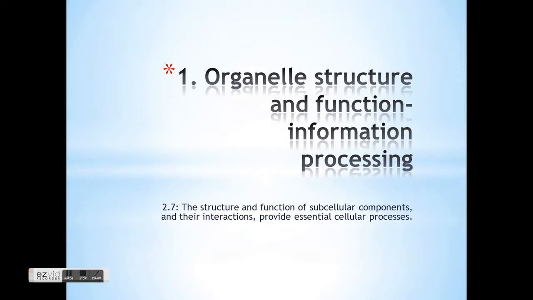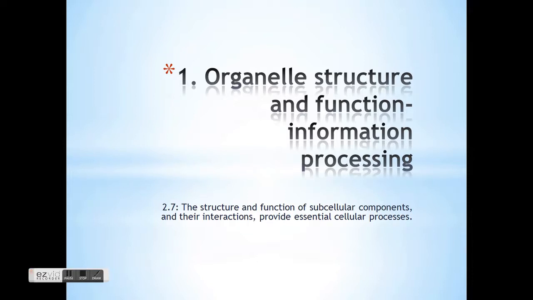From my last lecture in cells, I'm going to be talking about the organelles involved with information processing, so the conversion and reading of DNA and genetic material, and also organelles involved with energy processing, which we've already talked somewhat about as well. So let's go ahead and get into the information processing organelles.